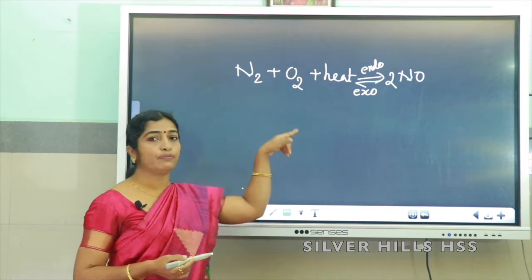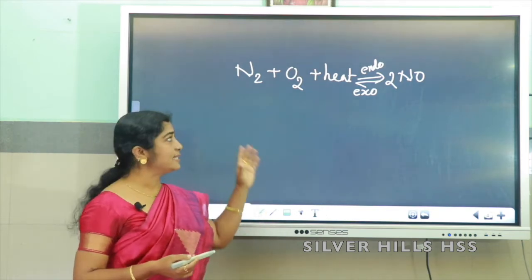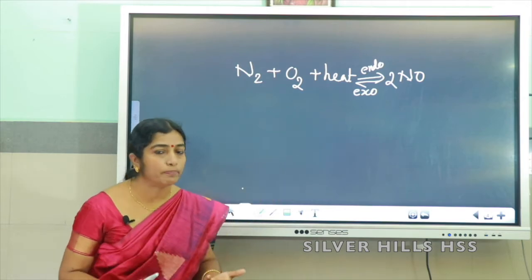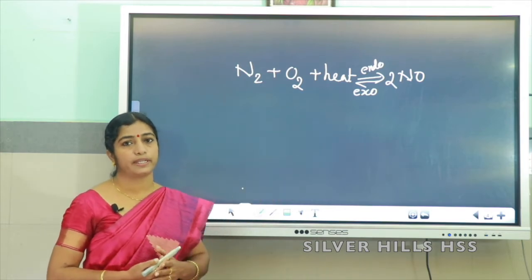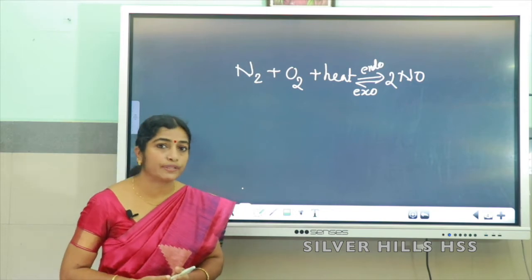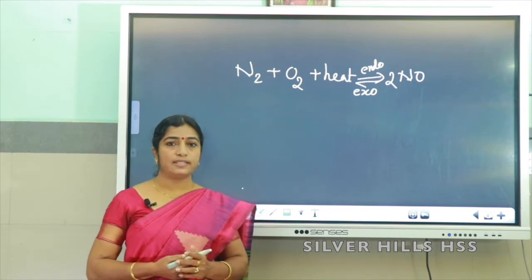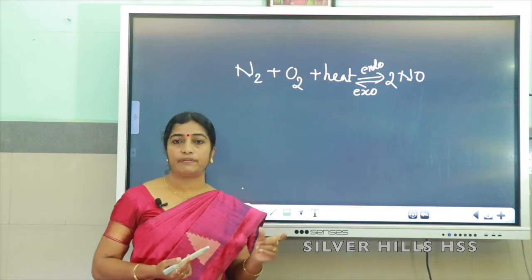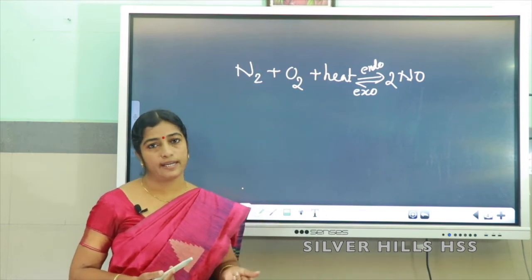Here the endothermic reaction is the forward reaction. So on increasing temperature, the forward reaction is accelerated and we will get more product, because it is endothermic. So that is the effect of temperature. When the temperature is increased, it always favors the endothermic reaction.